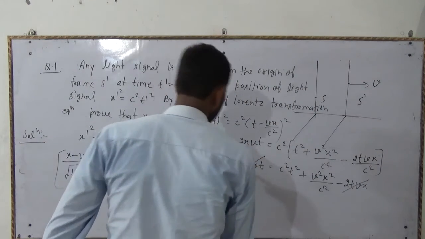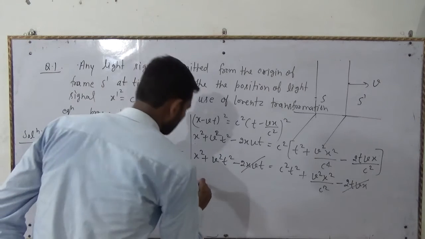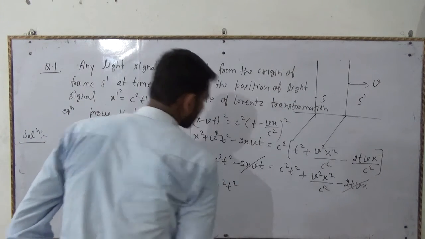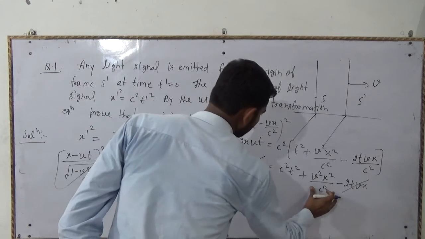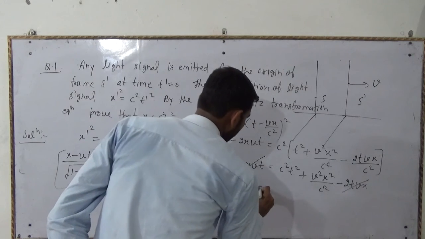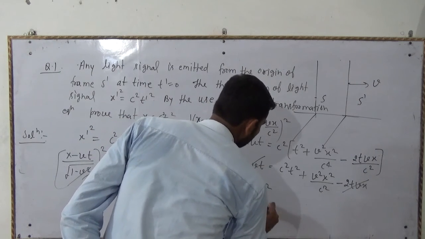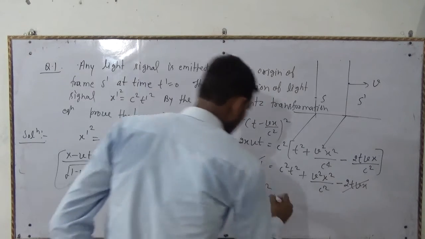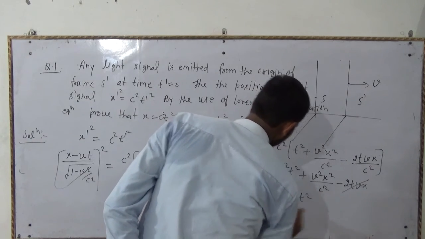This term and this term will cancel out, then x square plus v square t square minus, keeping this term on this side, v square x square by c square is equal to c square t square.